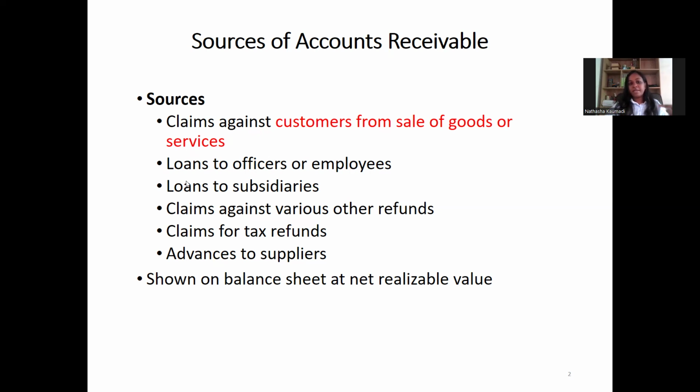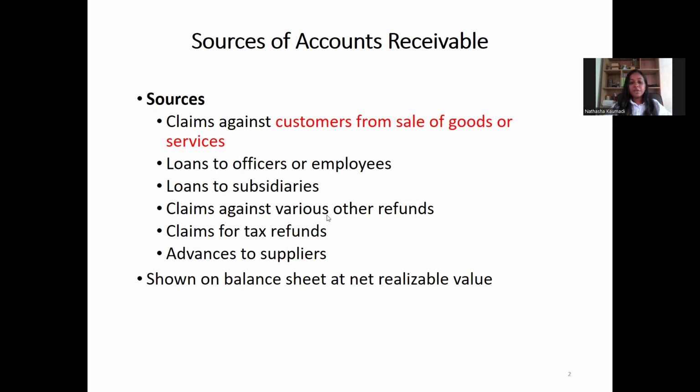Apart from that major source, there can be loans to officers or employees. Maybe the company has given staff loans to the employees. Those balances are receivable. Loans to subsidiaries: maybe the company has different subsidiary companies and has given intercompany loans to those subsidiaries, so those balances are receivable.